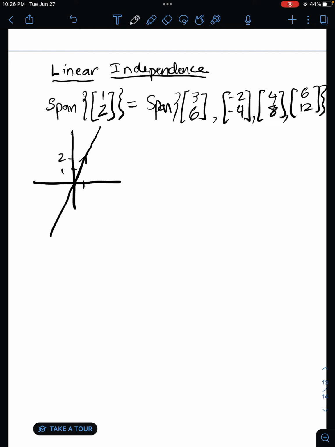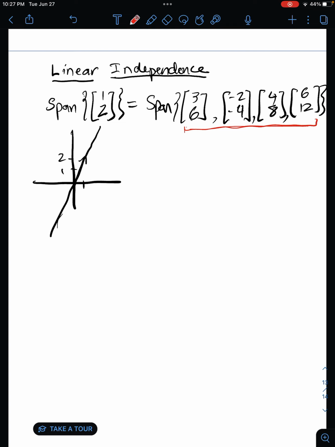There's some redundancy in giving this list of vectors, because by saying the span of (3, 6), you're already looking at this whole line. You can say what the span is by using one vector instead of four. That leads to the notion of linear independence. So we would say that this set of four vectors is linearly dependent.